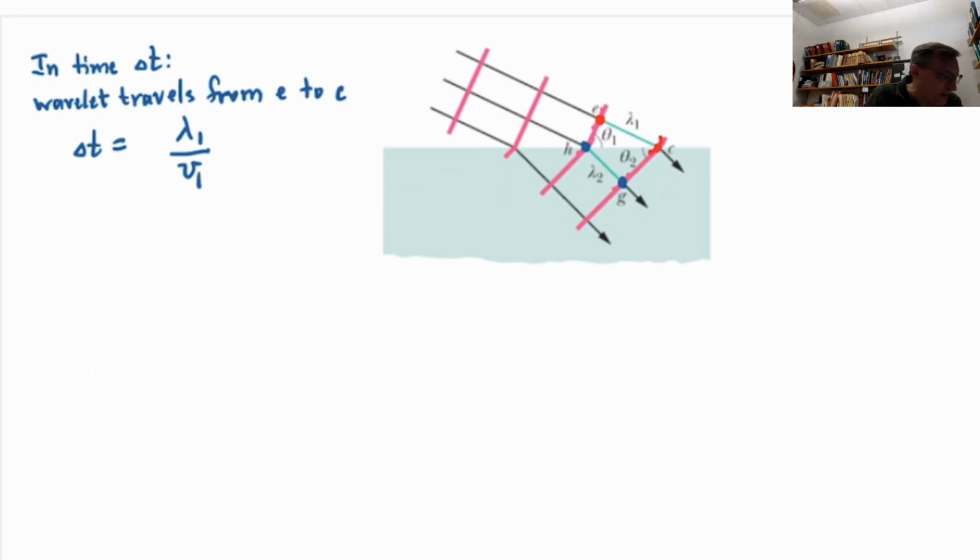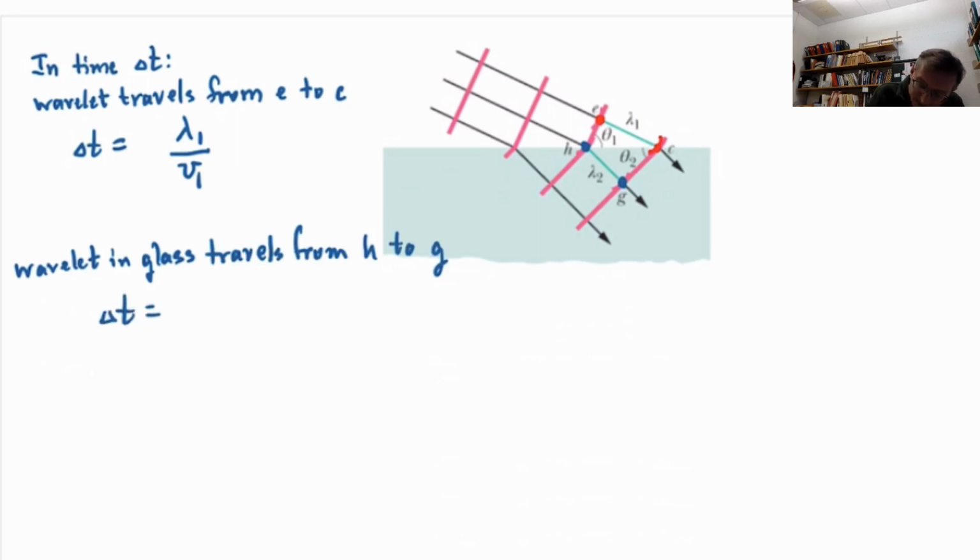So in that same amount of time, a wavelet in glass travels from H to G. But the distance is now lambda 2, the wavelength of the light in the glass, over v2, the speed of the light in the glass.